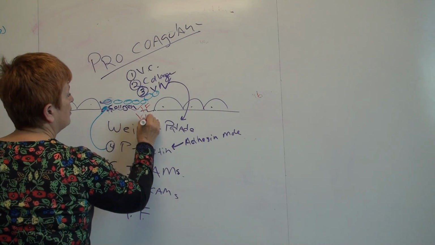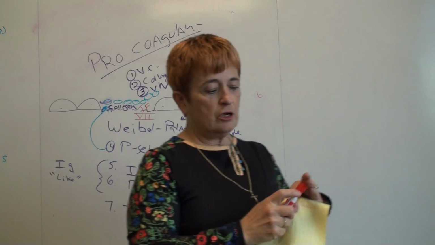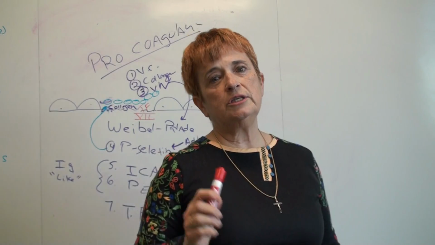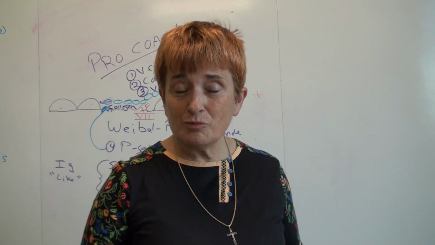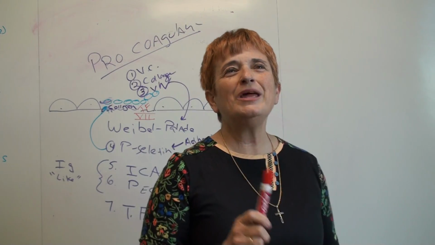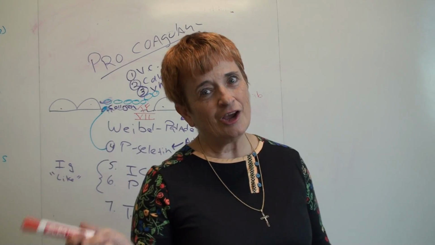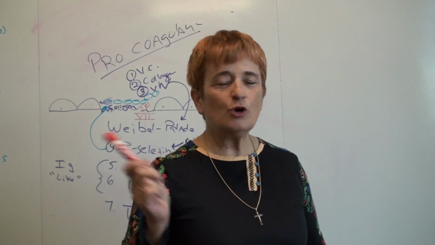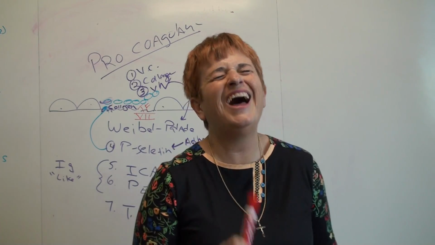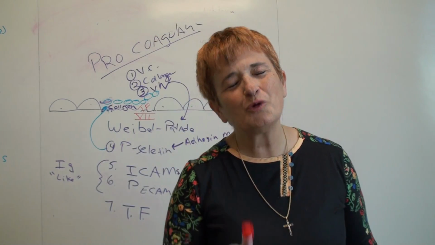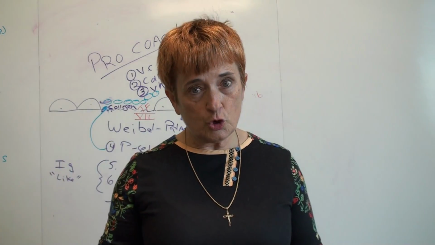Now, coagulation factors are always using Roman numerals. So if you don't remember your Roman numerals from 1 to 13, go back and practice it. Google it or whatever. Roman numeral number 1, Roman numeral number 2, etc., from 1 to 13.